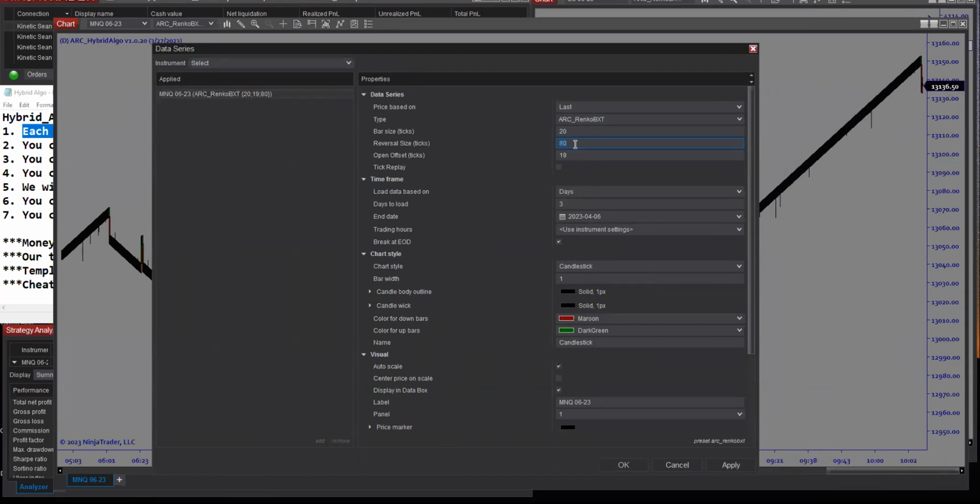I could set this to a 100-tick reversal. I could set this to 20 times 7, which is 140. I always like to leave the offset 1 tick less than my bar size, because with the offset, I'm just trying to smooth the legs of price out.